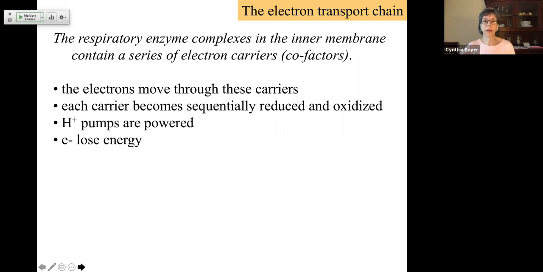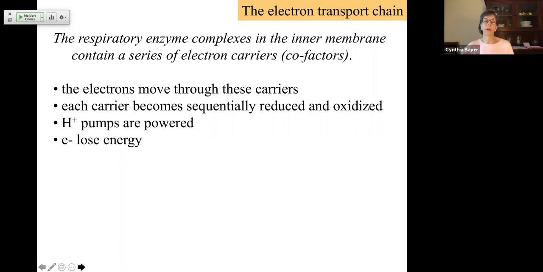They're metal ions, like iron ions, that can be reduced and oxidized by accepting or donating electrons. The sequential acceptance and donation of electrons will result in movement of hydrogen ions across the membrane. And with each transfer of those electrons, they lose some energy. That energy is used to pump the protons across.